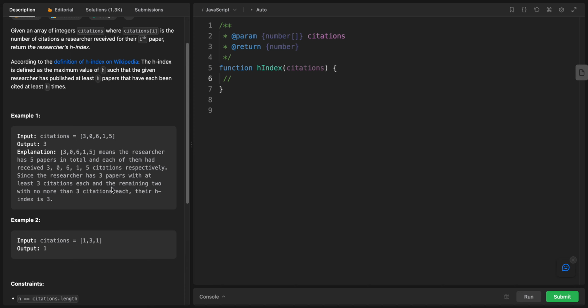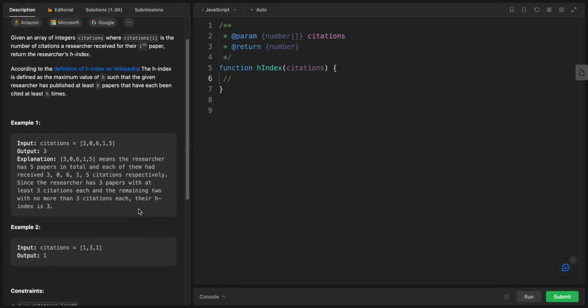Since the researcher has 3 papers with at least 3 citations, we have 3, 5, and 6, and the remaining 2, 0 and 1, have no more than 3. So their H-Index is 3.